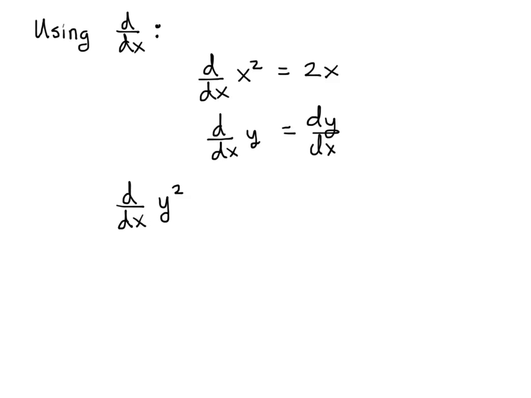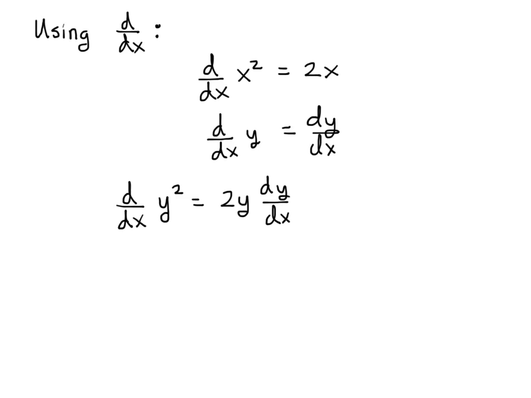But what if I want to take the derivative of y squared? Here we have to use the chain rule, because the outer function is the squared function and the inner function is y. Using the chain rule, we find that it's 2y dy dx. Now this is the hard part.